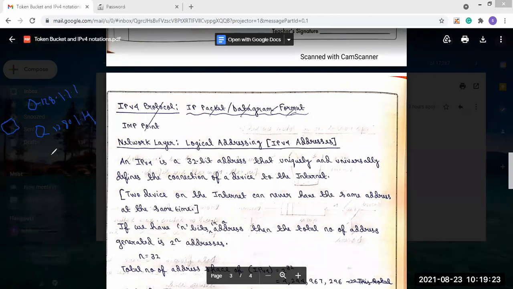So that's why it is said that two devices on the internet can never have the same address at the same time.